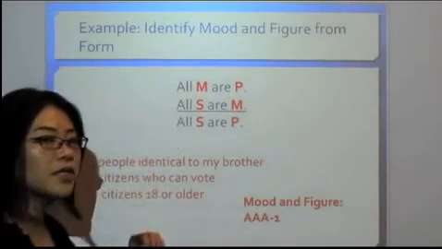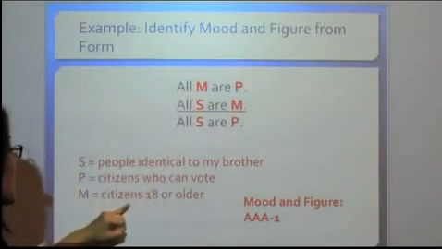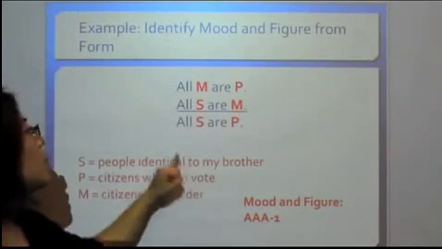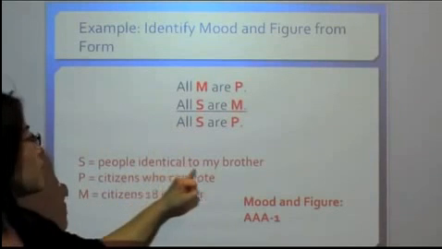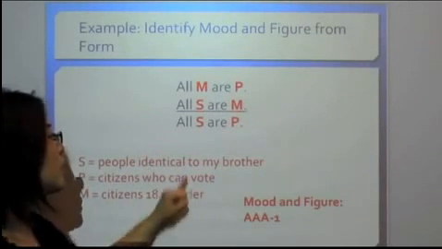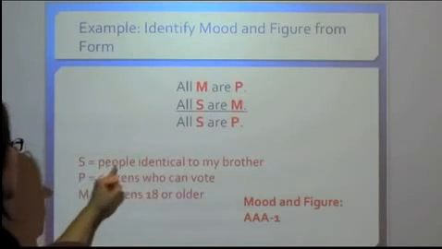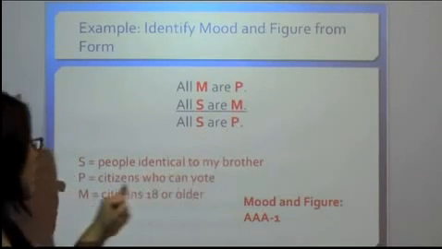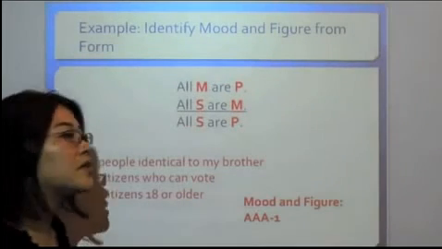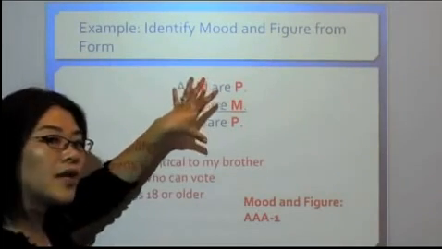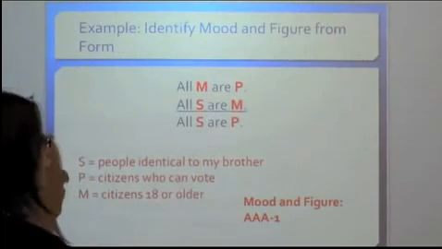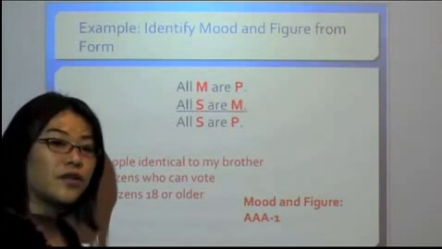So this argument here will be: all citizens 18 or older are citizens who can vote. All people identical to my brother are citizens 18 or older. And then the conclusion: all people identical to my brother are citizens who can vote, okay? So that's the argument that we're specifically working with here, and we went ahead and narrowed it down to its form, okay? Now, based on the form, we could identify the mood and figure, okay?